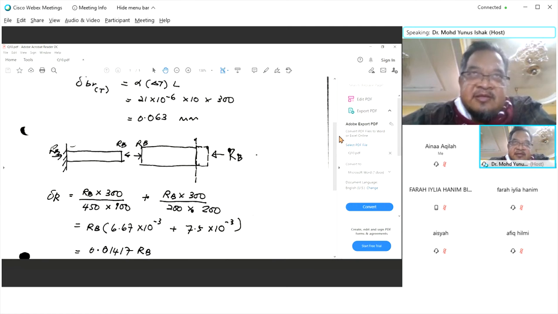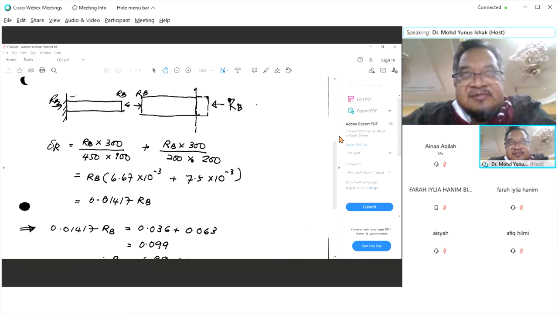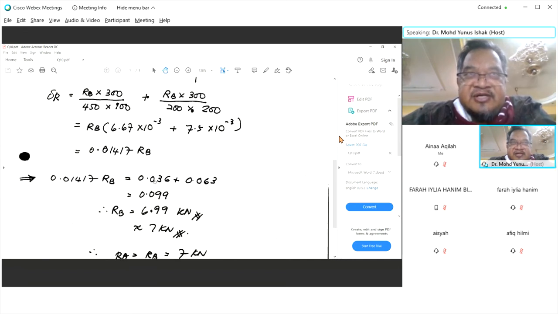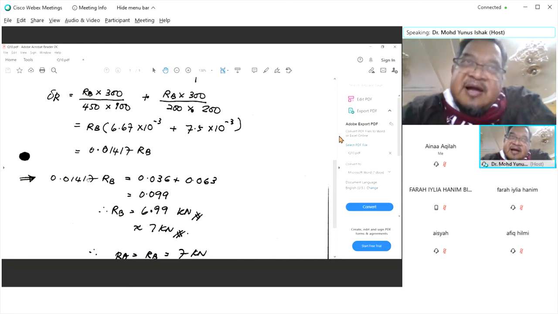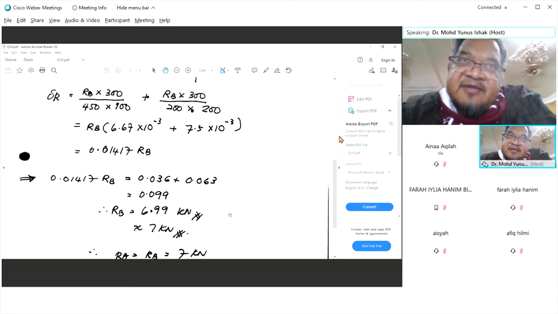So every member will receive RB. So the total elongation for RB is 0.01417 RB. We know that this is a very solid connection. We do not allow any deformation to happen. So delta R equals delta T. So RB is 7.